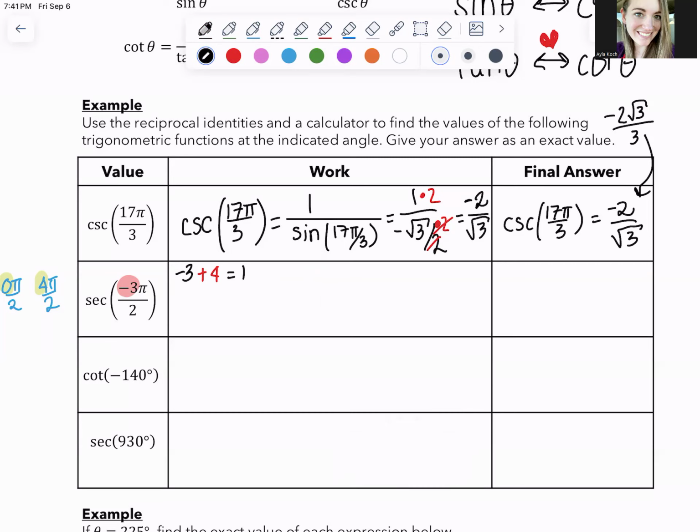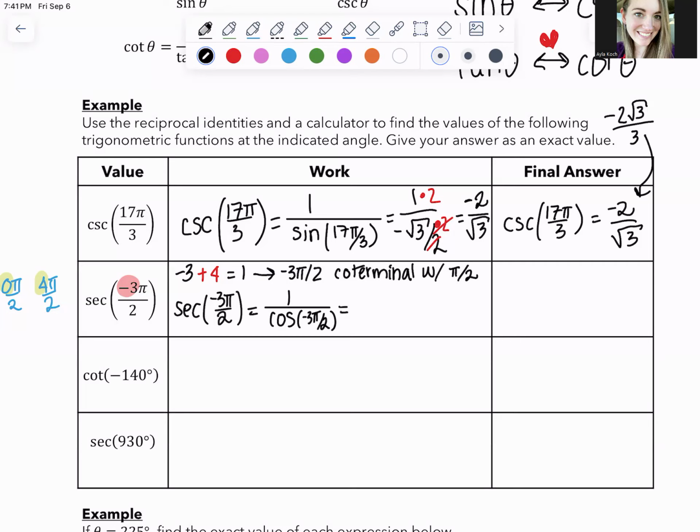And that means that -3 pi over 2 is coterminal with pi over 2. So secant of -3 pi over 2 is equal to 1 over cosine of -3 pi over 2.